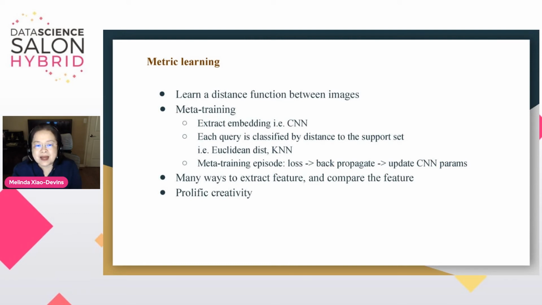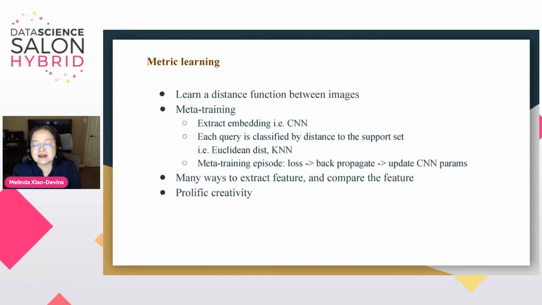For metric learning, there's one aspect of meta-learning called metric learning. Metric learning is targeting to learn a distance function between the images. During the meta training phase, we will extract image embedding.